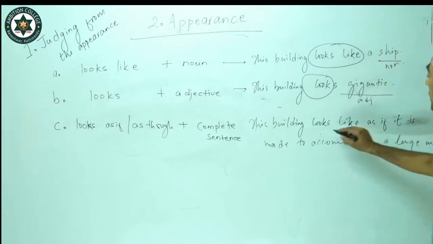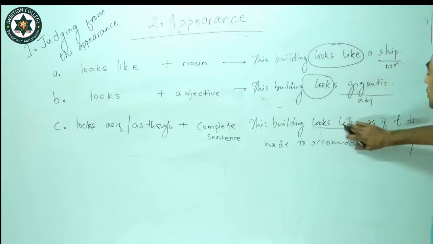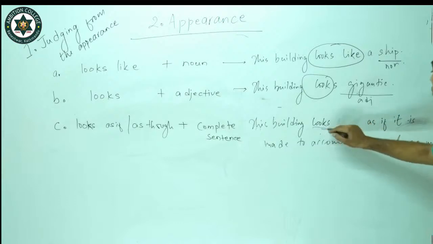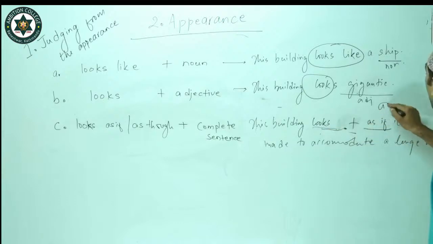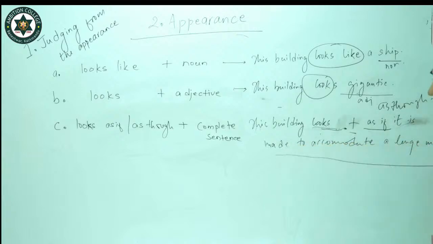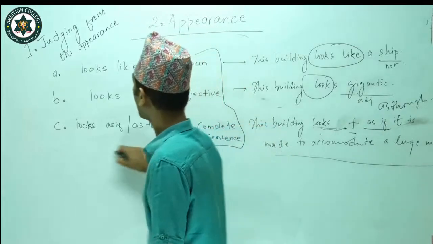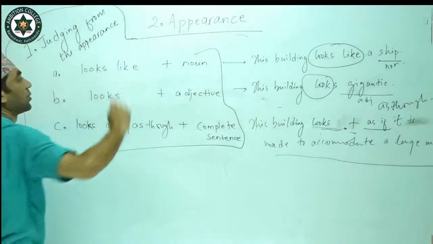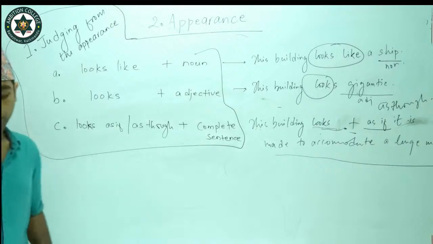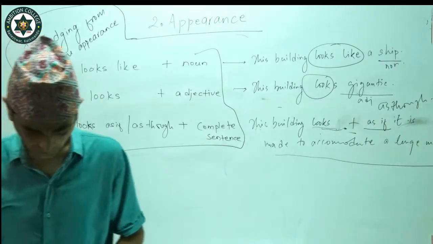Now here with looks plus as if or as though, we are using the whole sentence. So this is how we talk about or judge about the appearance. We judge someone from the appearance.